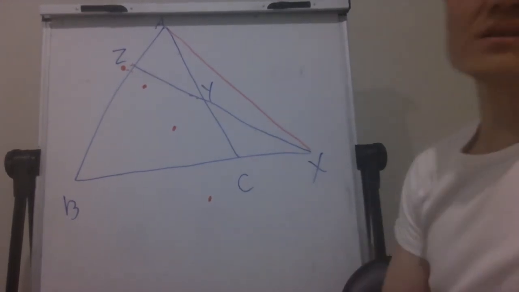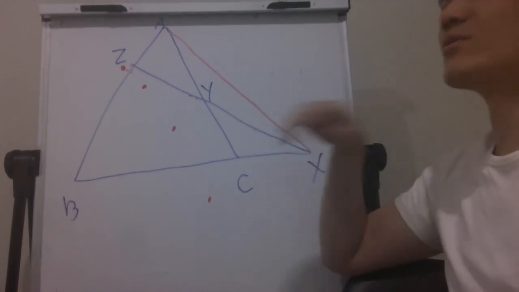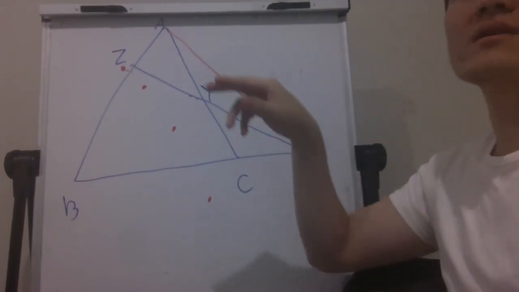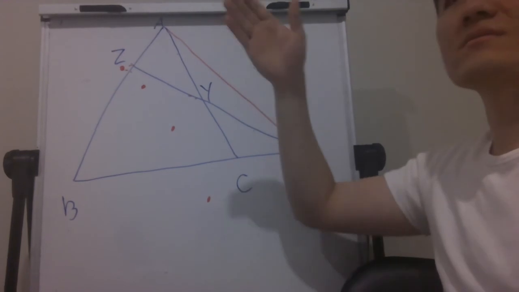Remember that argument we had where the orthocenter had the same power with respect to the circles with diameters the sides of the triangles?